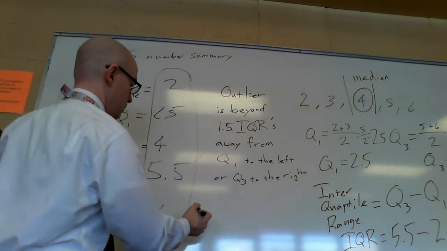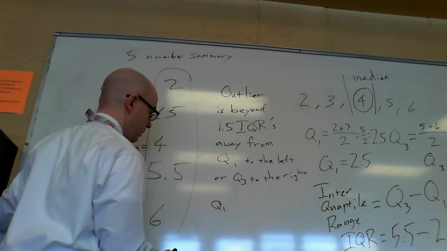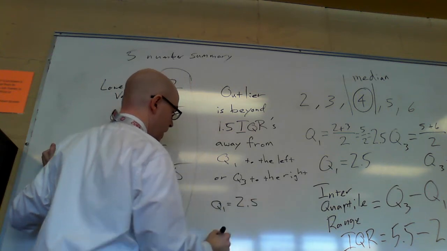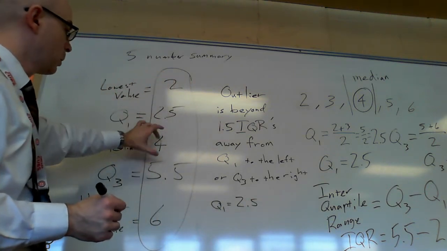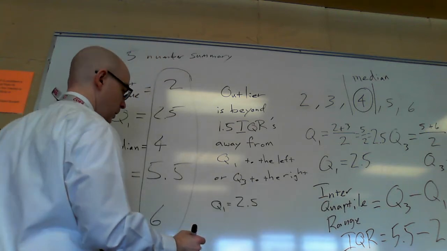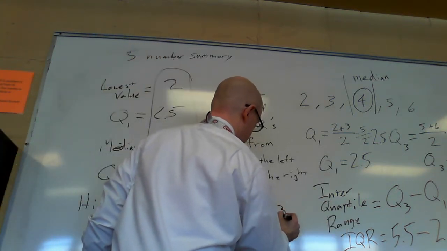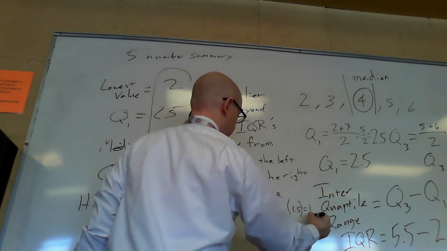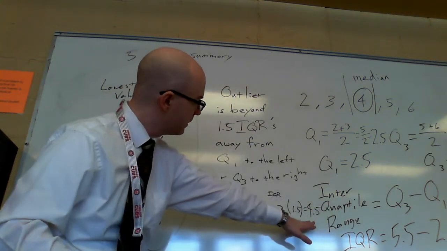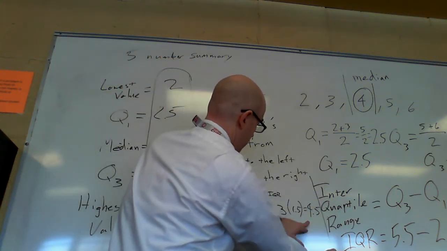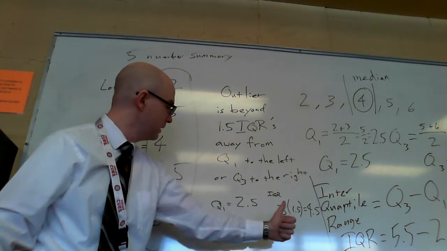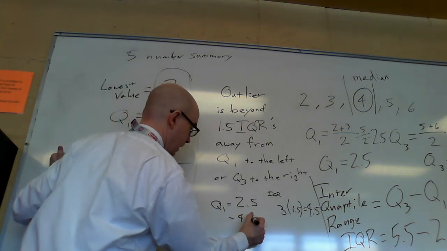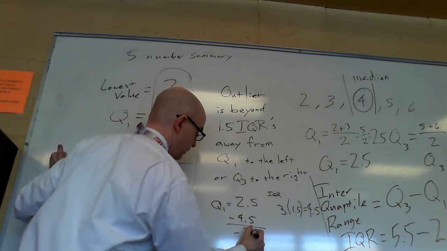So I've said that quartile 1 is 2.5. I'm going to look at my interquartile range, which we said was 3. So 3 is my IQR times 1.5 just gives me 4.5. So anything beyond 4.5 to the left, so I subtract 4.5 here, and that gives me -2.